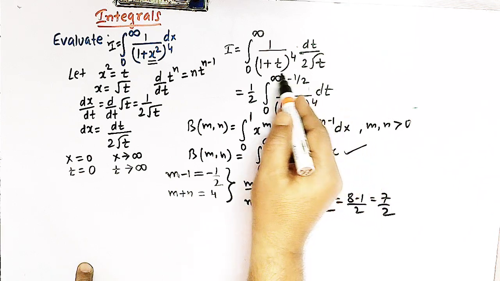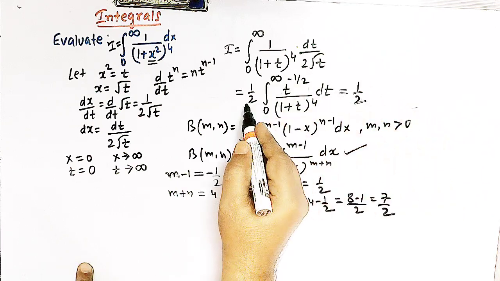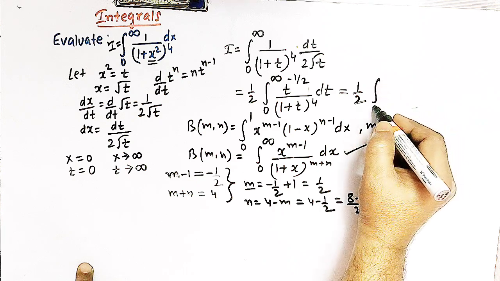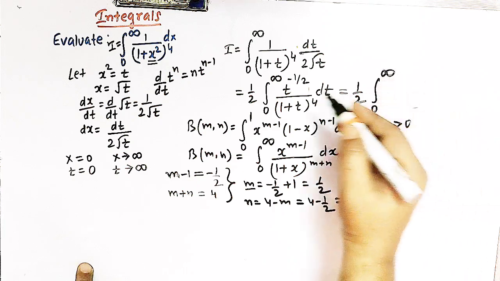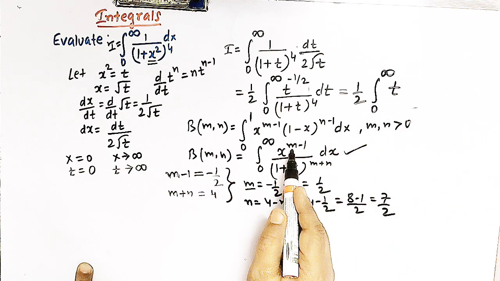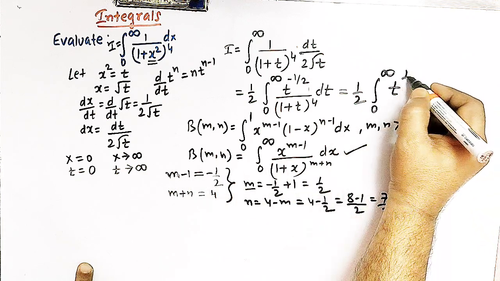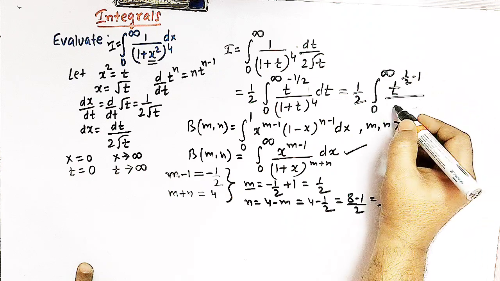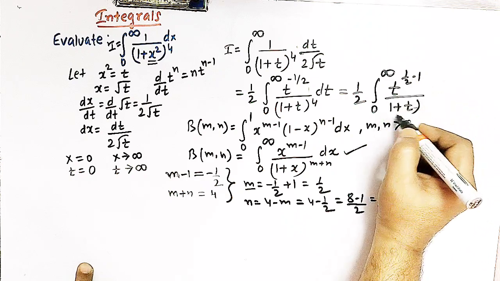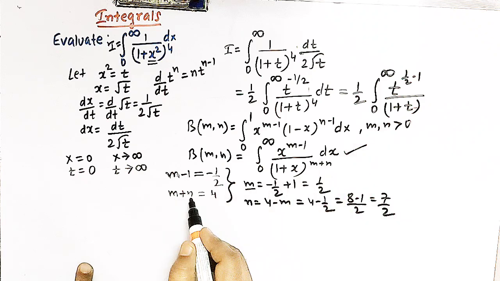So now we can express this integral as, here we have the factor half, and we can now write 0 to infinity, and t raised to minus half can be written as m minus 1. M is half, so we have half minus 1 divided by 1 plus t raised to 4. 4 can be written as m plus n.